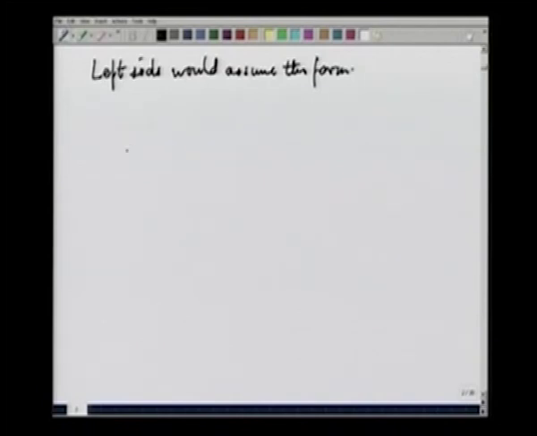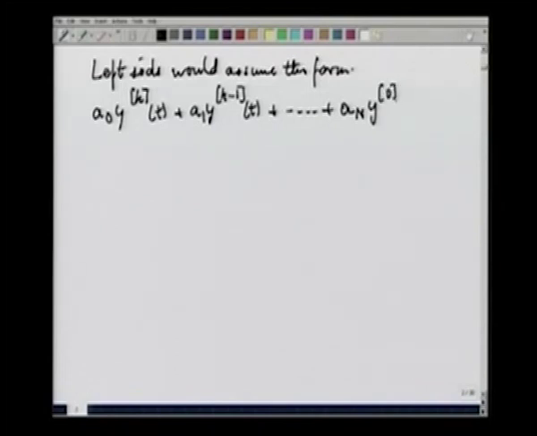The left side would assume the form a0 yk(t) plus a1 y(k-1)(t) plus so on up to an y0(t), the last term being equal to an y(t).